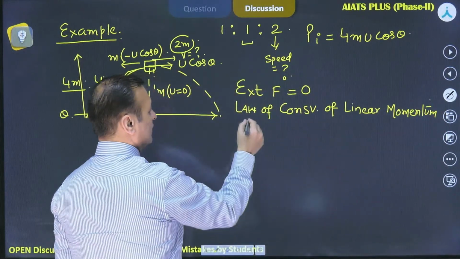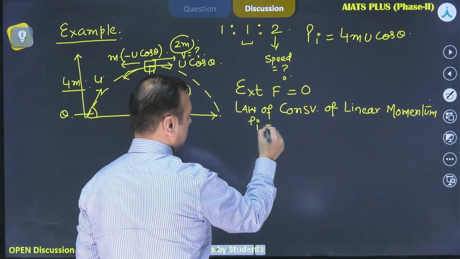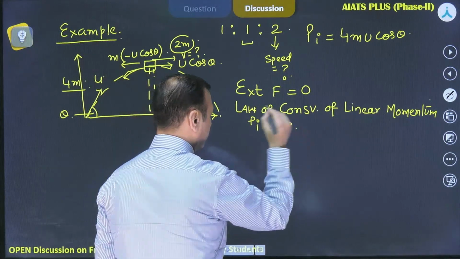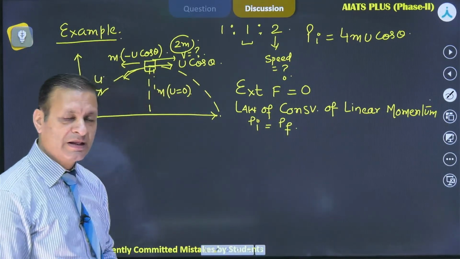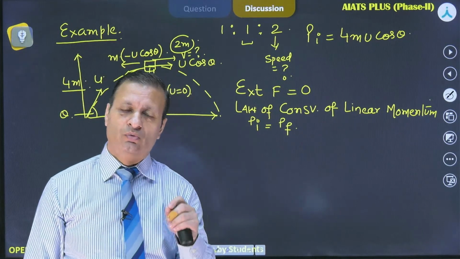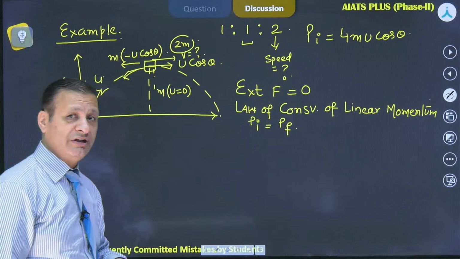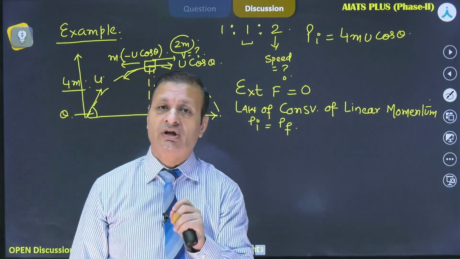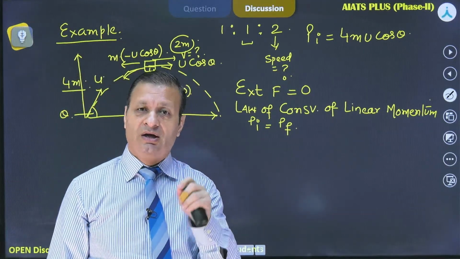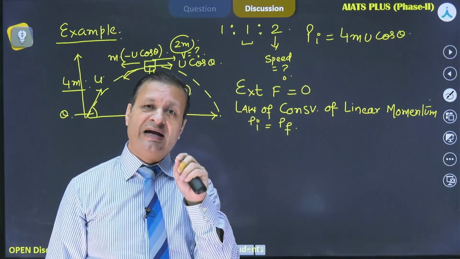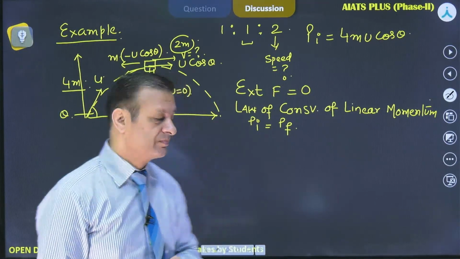So initial momentum has to be equal to final momentum. Which initial momentum are you talking about? Are you talking about the momentum with which it is projected? No. We are talking about the momentum when it is at its highest position.